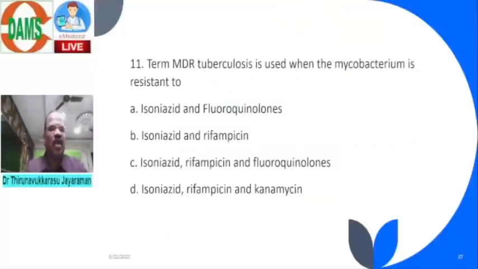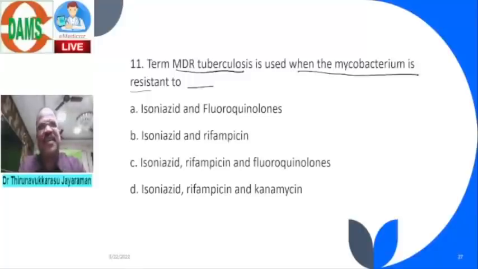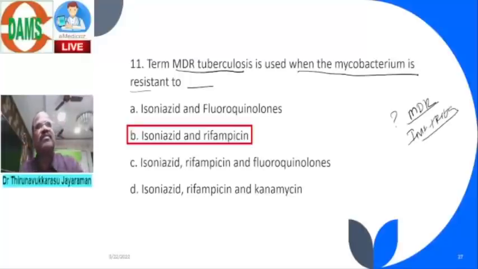Next, the term multidrug-resistant tuberculosis is used when the mycobacterium is resistant to which drugs? Very simple question, doctor. So when will you say MDR-TB? If the organism is resistant to isoniazid and rifampicin, we call this MDR-TB. That's all.